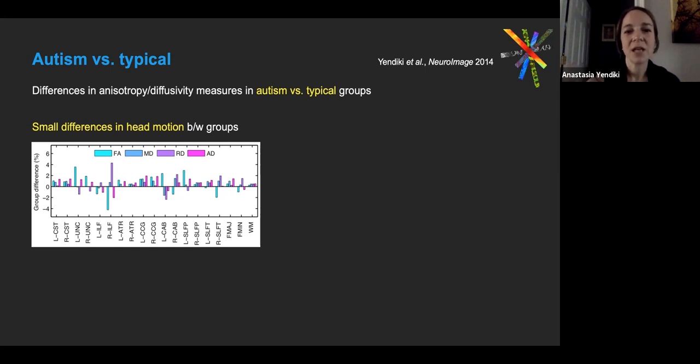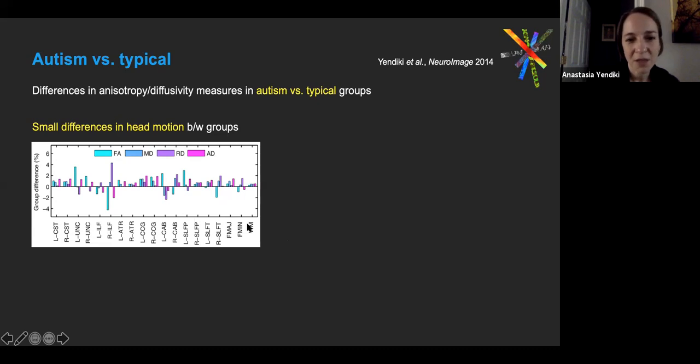Every time we chose 30 subjects from the autism group and 30 from the typical group. In the cases where there were only small differences between the subjects in the autism and the typical group, this is what the differences in fractional anisotropy, mean diffusivity, radial diffusivity, and axial diffusivity looked like for the different tracts.